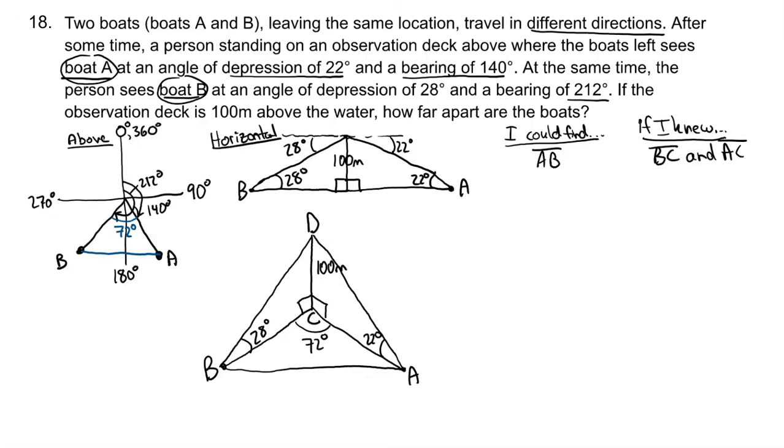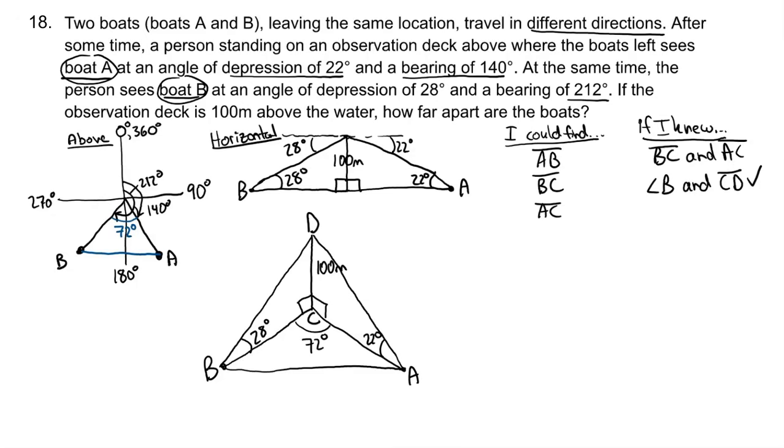I could find BC if I knew an angle and a length in that triangle. So I need to know angle B and length CD. Do I know that? Yes. So I can solve BC. It'll be the same rationale for AC.